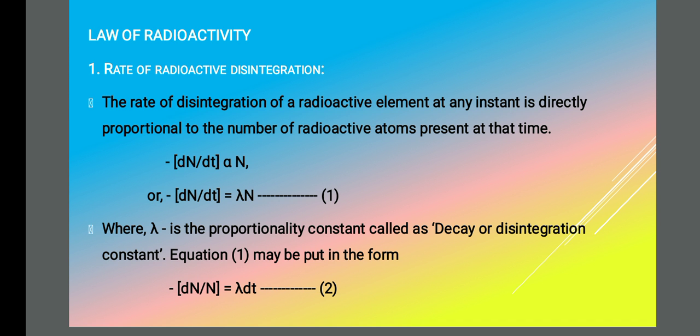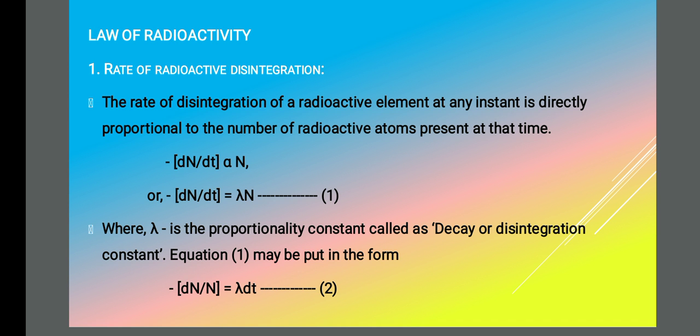So the equation can be put in the form: taking the N terms on one side and the rest on the other, minus dN by N will be equal to lambda dt.